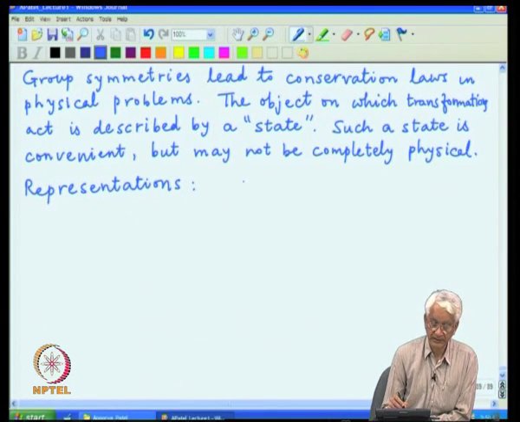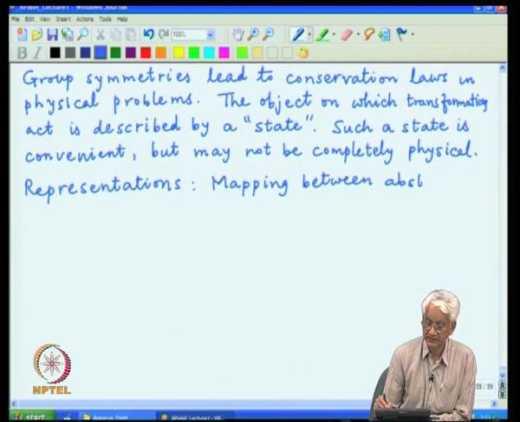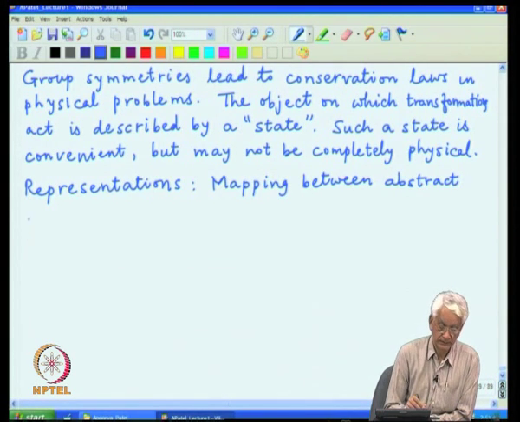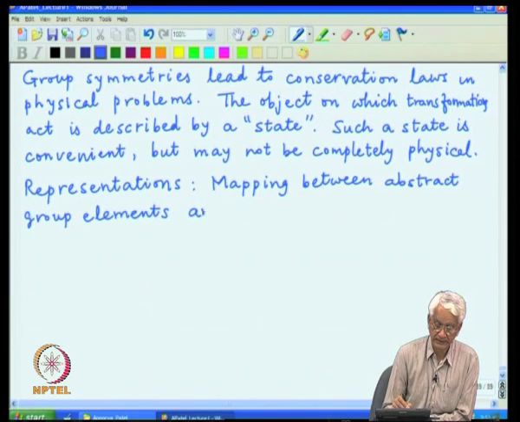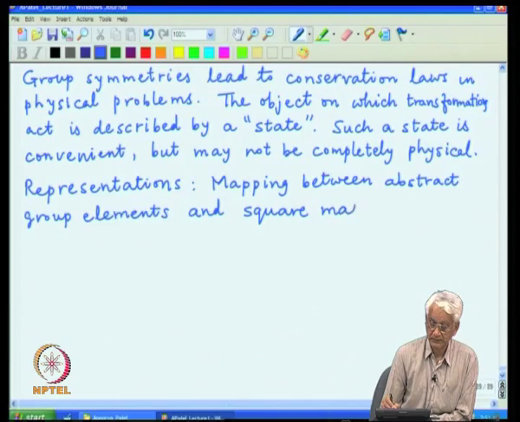Now, these representations are nothing but a mapping between these abstract group elements and what can be called matrices.